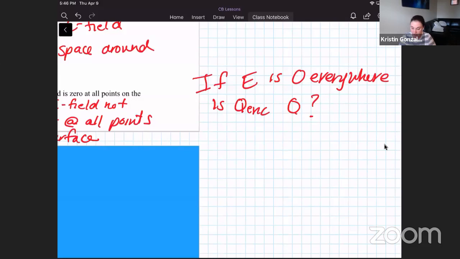So if the electric field is 0 everywhere, is the Q enclosed 0? And that is true. The only way that we could get that 0 electric field there is if our Q enclosed is 0.